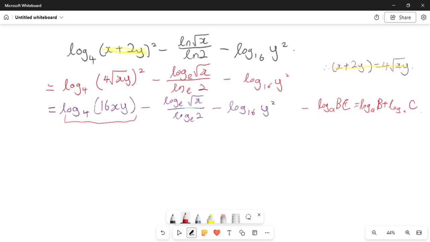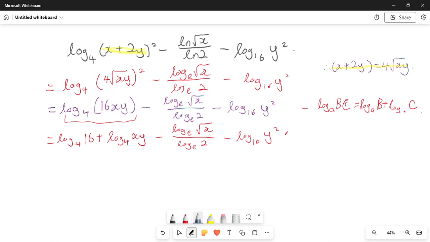So I can simplify this to log base 4 of 16 plus log base 4 of xy minus log e root x over log e 2 minus log 16y squared. This part simplifies to 2, so I'm just going to bracket this 2.